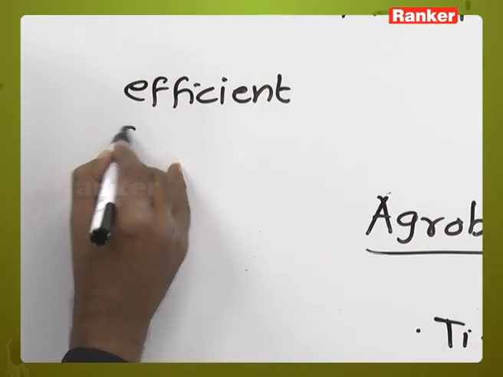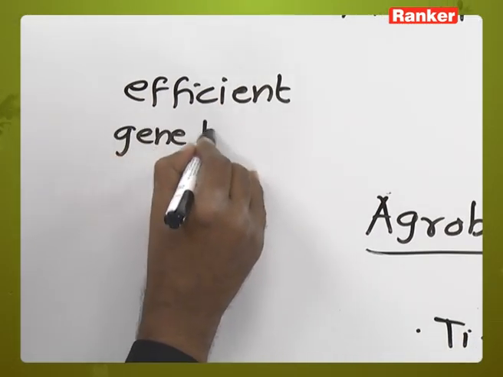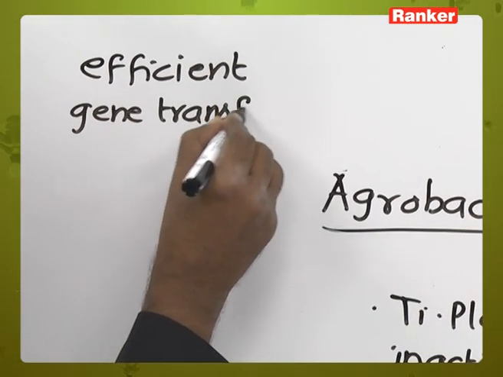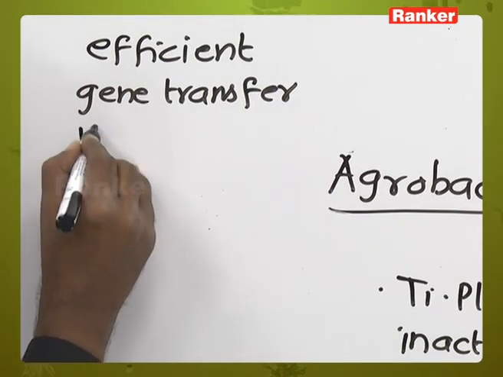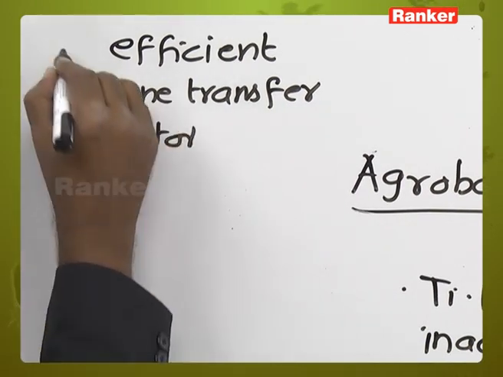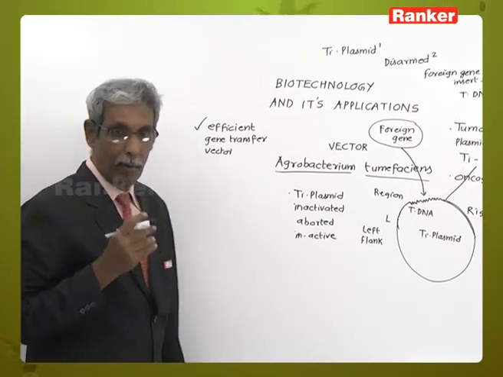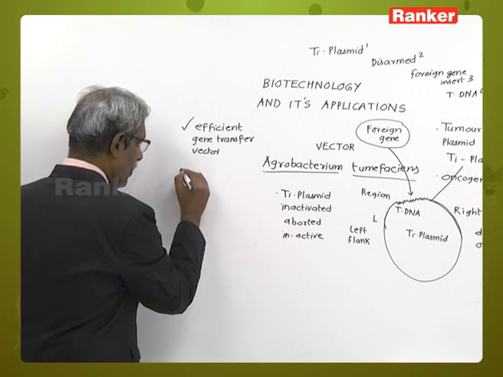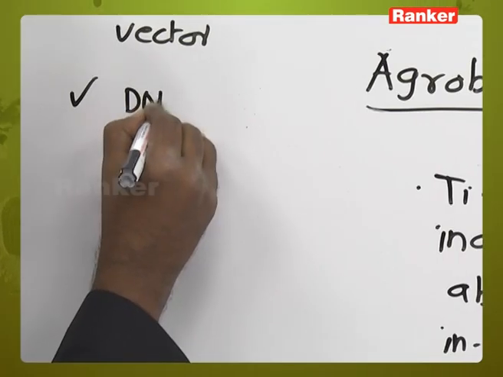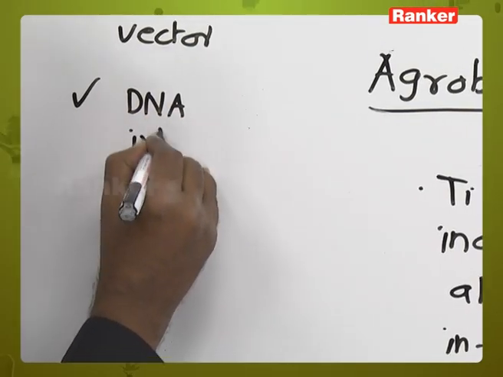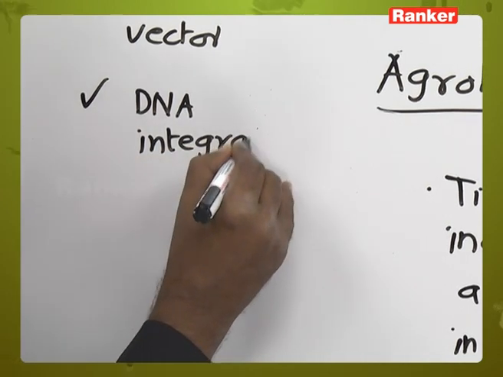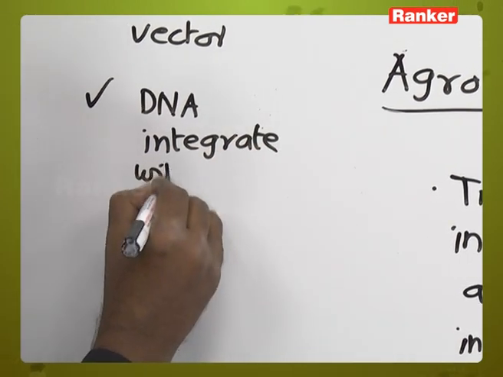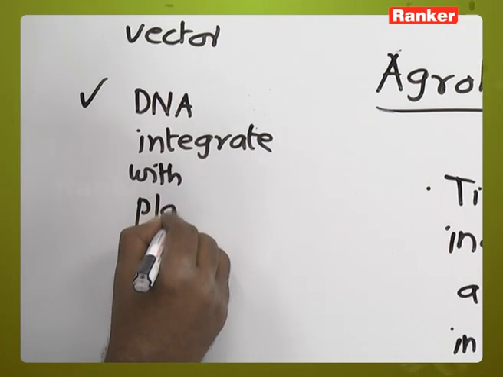It is an efficient gene transfer vector. Number one is that, and next one is it can directly take your foreign DNA insert and integrate it with the plant DNA.